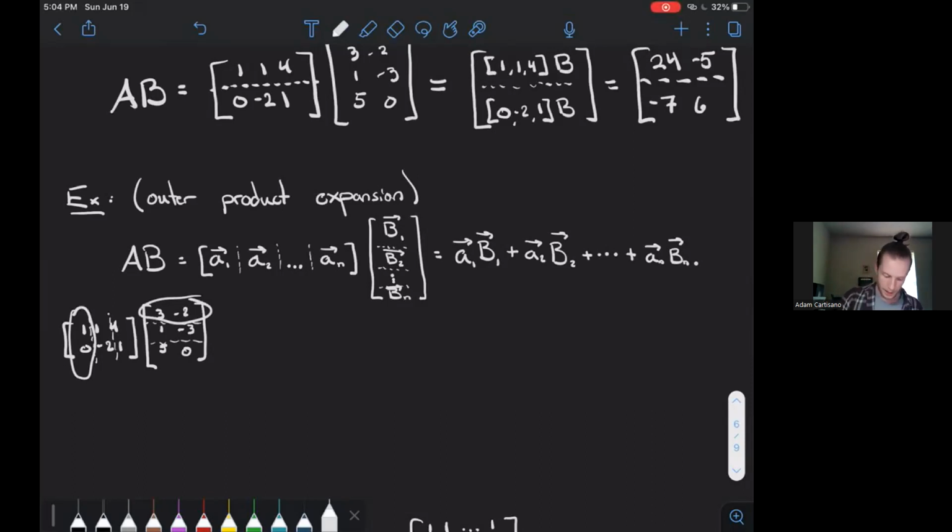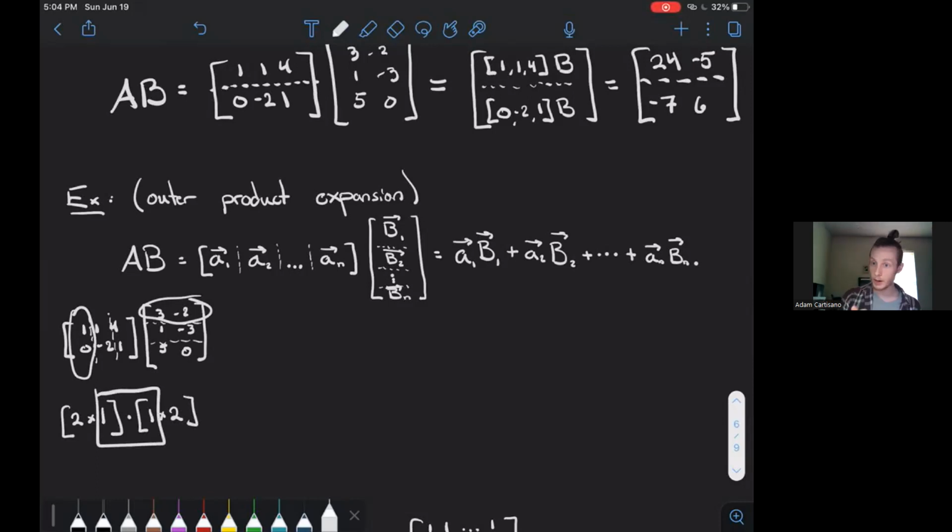This is a 2 by 1, 2 rows and 1 column, times a 1 row by 2 column vector. Draw the box. At least the inside numbers match.